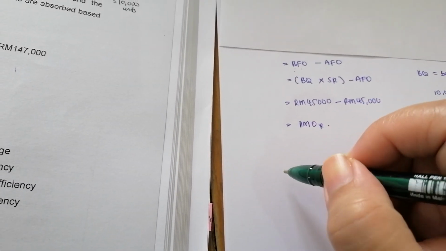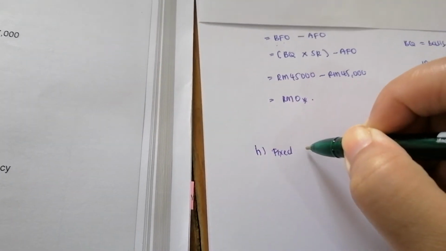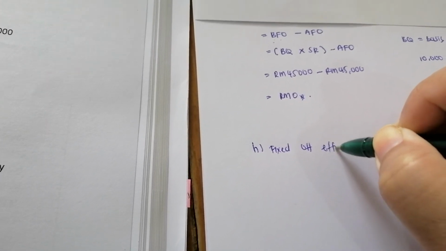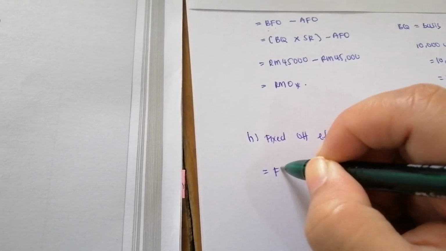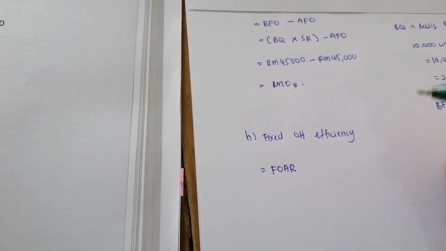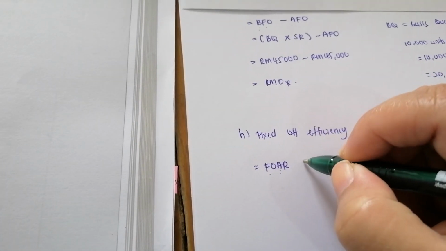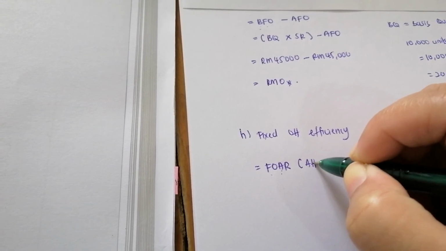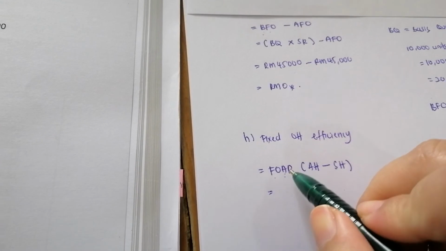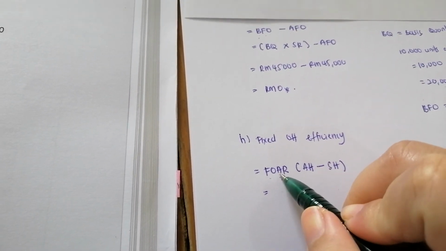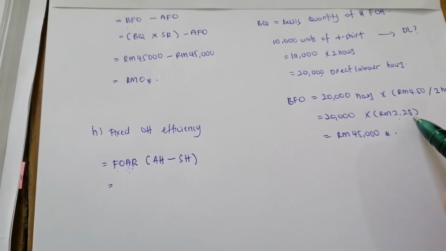And then the last is, they want us to find the fixed overhead efficiency. So the formula is FOAR, the standard rate for fixed overhead, times the difference between actual hours minus standard hours. The standard rate for fixed overheads, as we calculated, is 2.25 per hour.